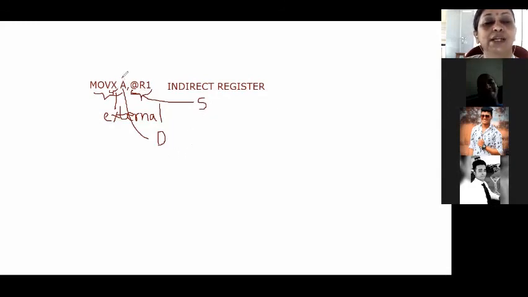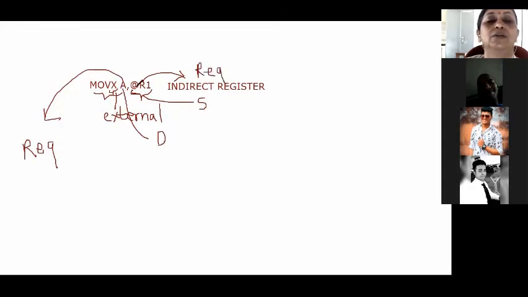Okay, so what is the accumulator? Accumulator is a kind of register. And what is R1? R1 is also a register. But what is @R1? What is the meaning of @R1? The meaning of @R1 is we are talking about the memory location.